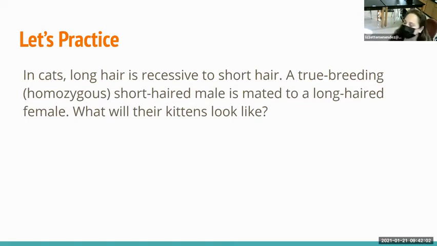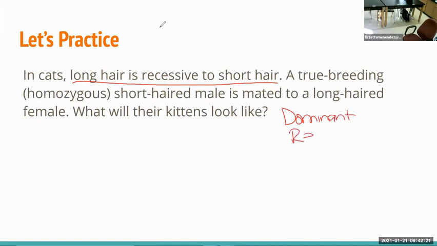Step 2 is writing down important information. The first thing I read tells me that one trait is dominant or recessive to another. So on the side, I'm going to write down what is the dominant trait and what is the recessive trait. Long hair is recessive to short hair.